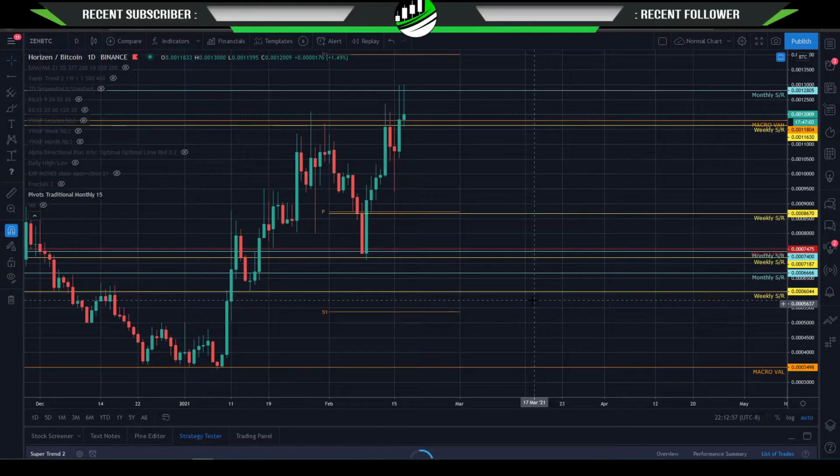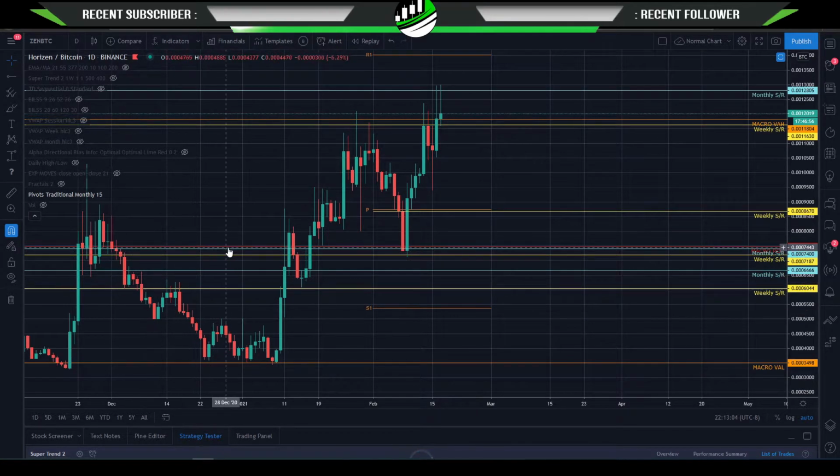Now, in this instance there was a lot of resistance in this middle band here. You can see there's some weeklies and some monthlies. Your macro point of control, which is a really important level, was here.